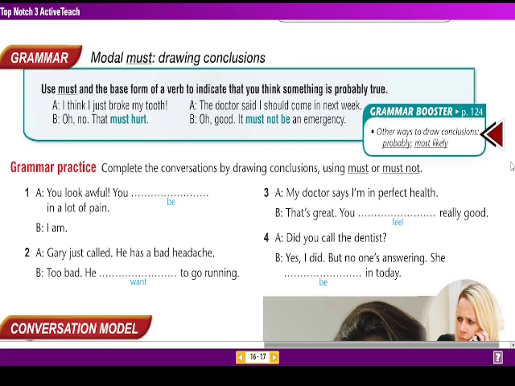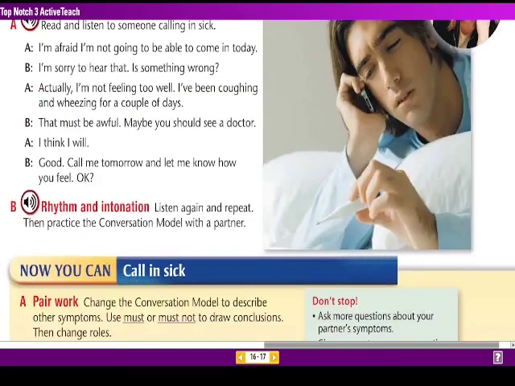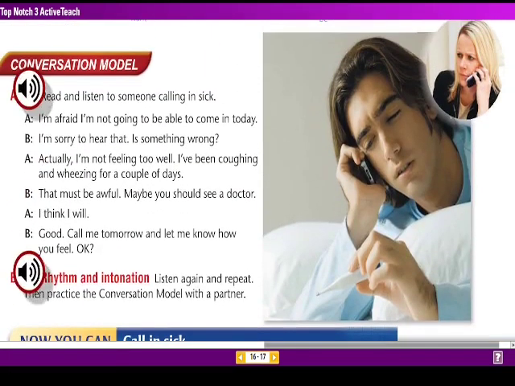For example, I feel nauseous. It must be the food. It must be the food, okay? I'm sneezing. It must be a cold, for example. Now let's listen to a person calling on the phone, calling in sick.